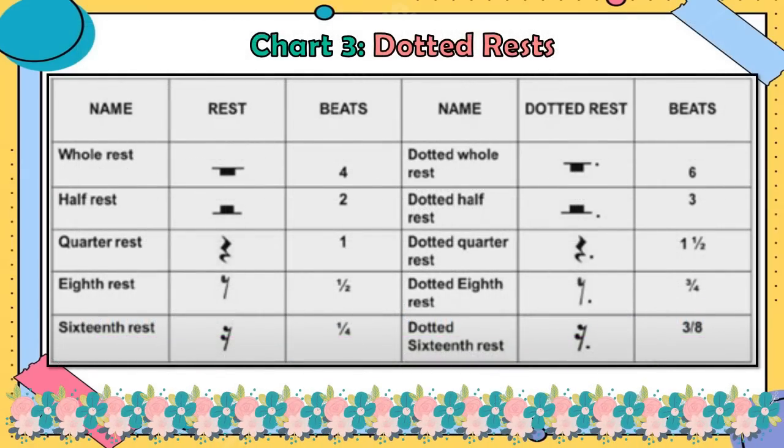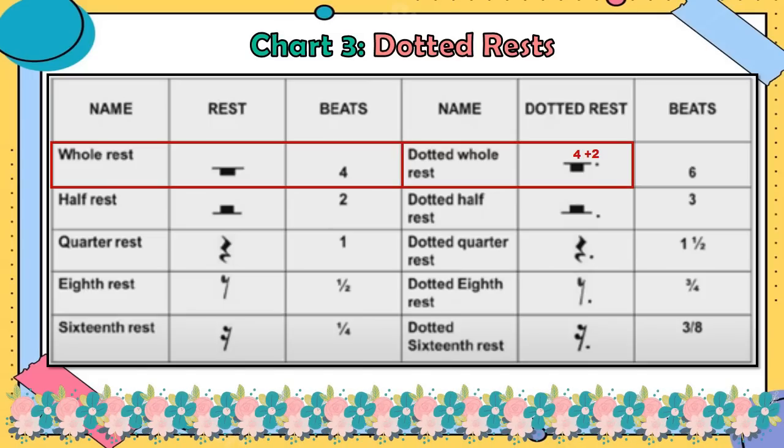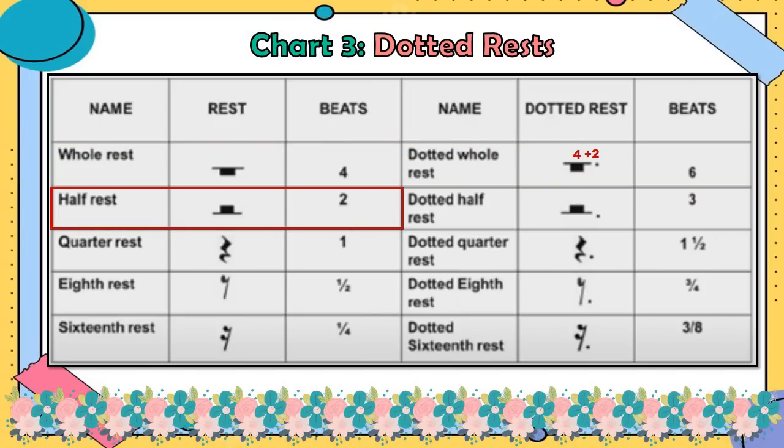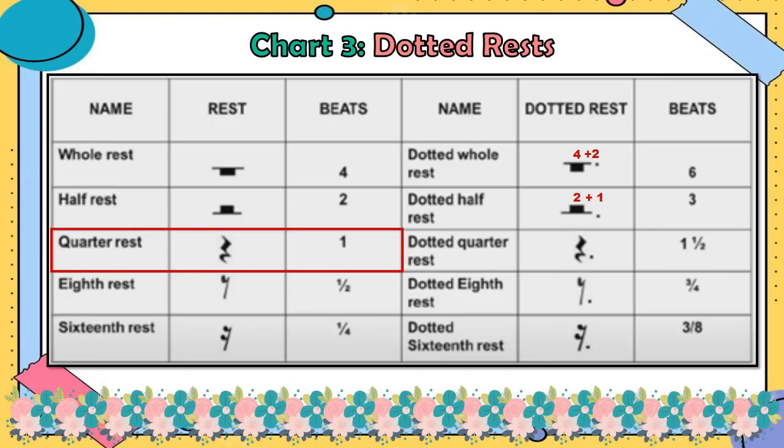Next, let's study chart number 3. This is dotted rest. Whole rest, which has 4 beats. In dotted whole rest, 4 plus 2 equals 6 beats. Next is half rest, which has 2 beats. In dotted half rest, 2 plus 1 equals 3 beats. Next, quarter rest, which has 1 beat.